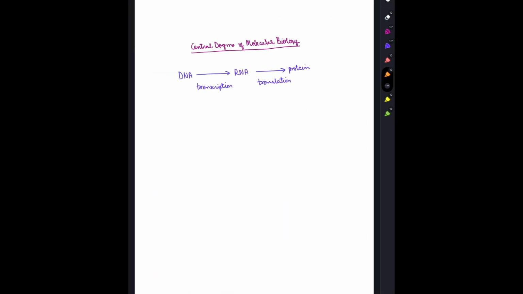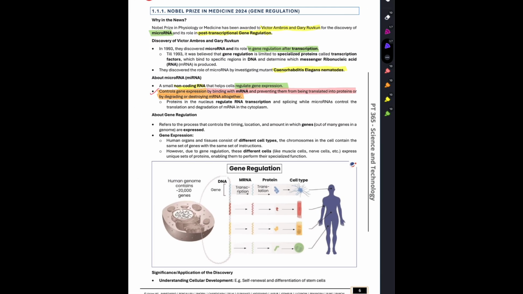In the central dogma of molecular biology, DNA leads by transcription to RNA, which by translation leads to proteins. What microRNA does is stick to the mRNA and disrupt this process, so the protein is not formed and the gene is not expressed.